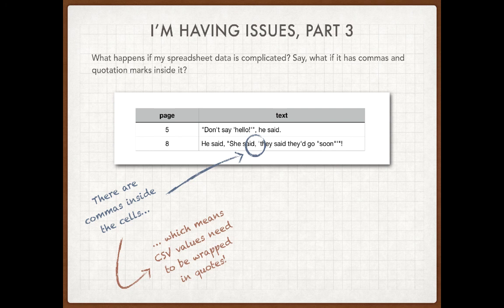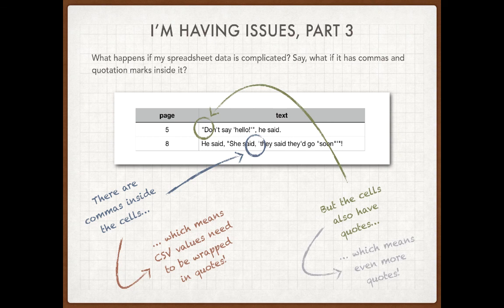So far, so good. But you'll notice where I'm going next. "Don't say hello" begins with a quotation mark. But that's the thing that's supposed to separate or combine all of these parts if there's a comma in there. So that cell also has a quotation mark, and that means we get even more quotes out of that.